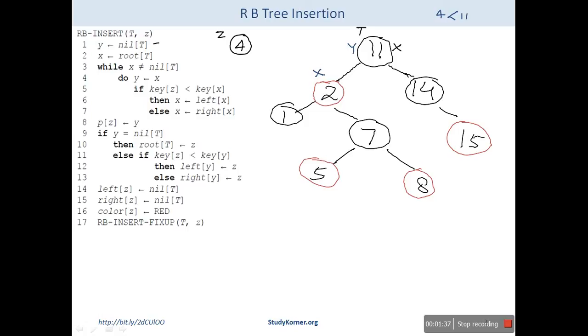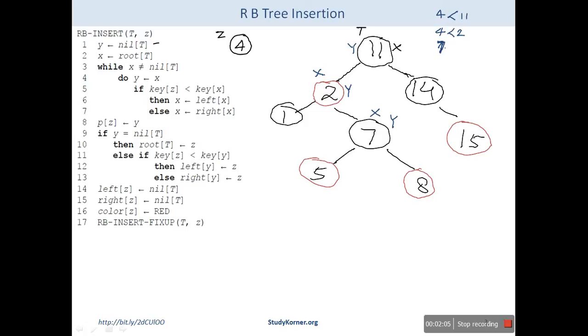Again check whether x is equal to nil of t. No, x is not nil of t. Before checking, we assign y here, and check whether key of x, 4, is less than 2. No, the condition is false, so x moves to the right part. Then update the y pointer and check key of x, which is now 7.